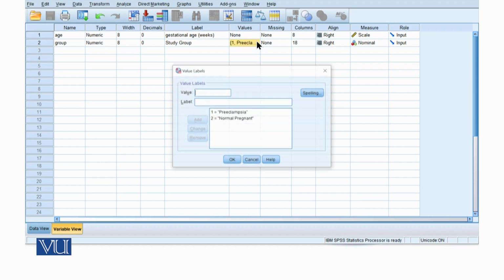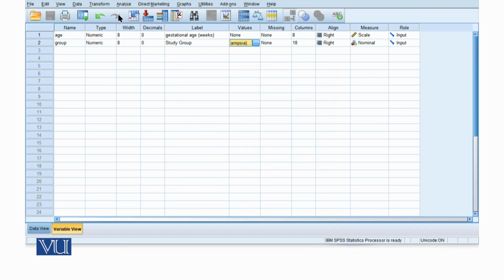We have coded it. If we code it 1, it means that the patient has preeclampsia. And if we code it 2, it means that a person is having a normal pregnancy. So it's just an indicator, hence it will be treated as a nominal measure.